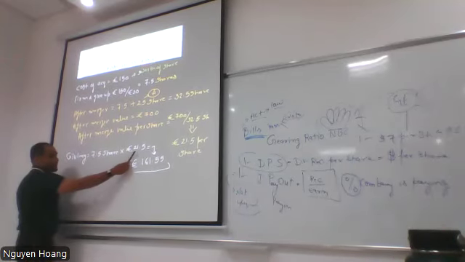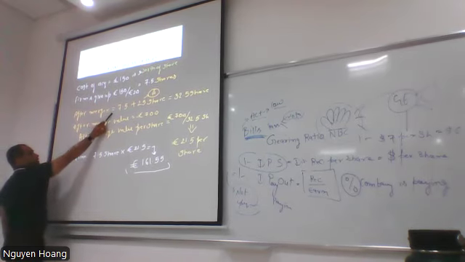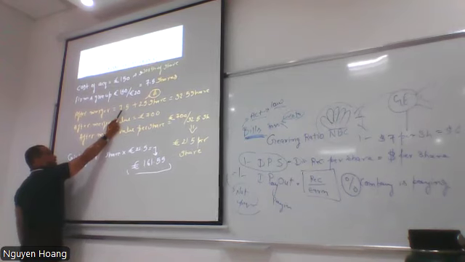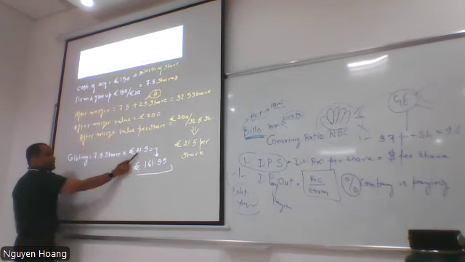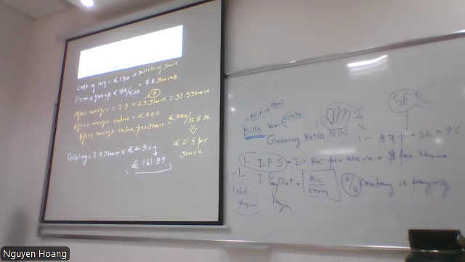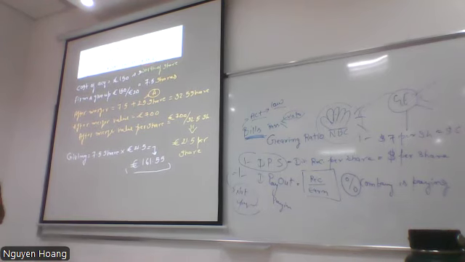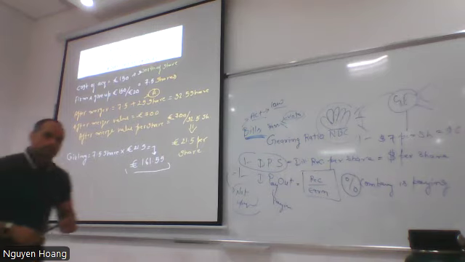We have the price per share and we know how much we are paying, so the total cost of acquisition is 161.5. So my NPV is 38.5.